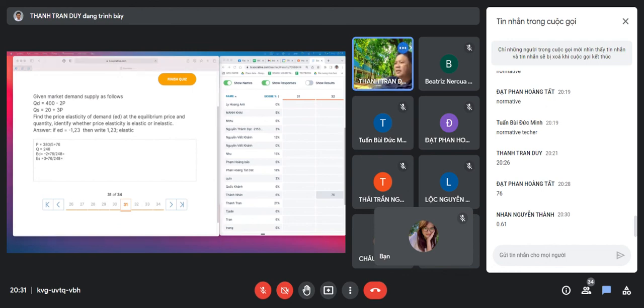And it's elastic demand, and the supply will be elastic supply, right?